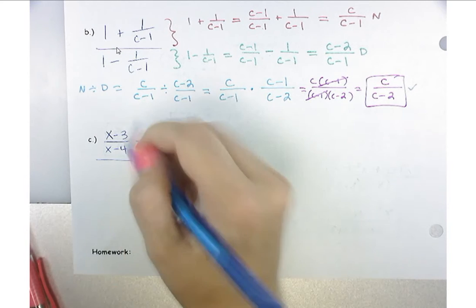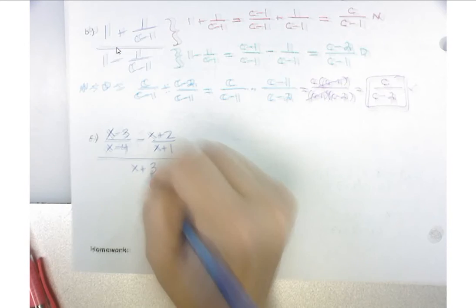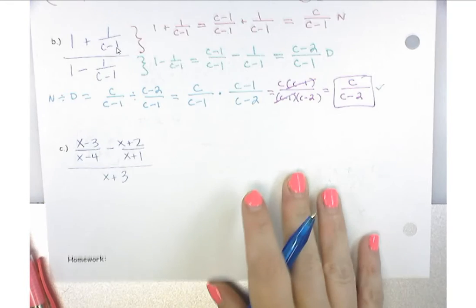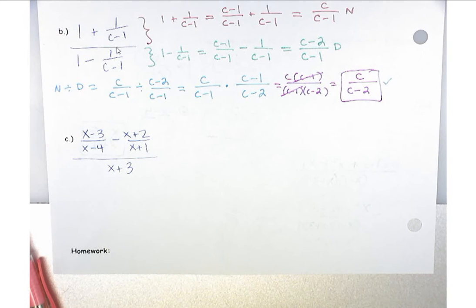And that quantity is divided by x plus 3. And then remember, if you finish that quickly, you already have your homework written down. So if you want to do a homework problem once you're done with that, go ahead.